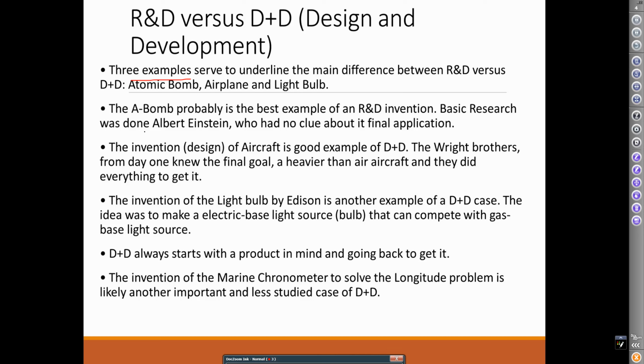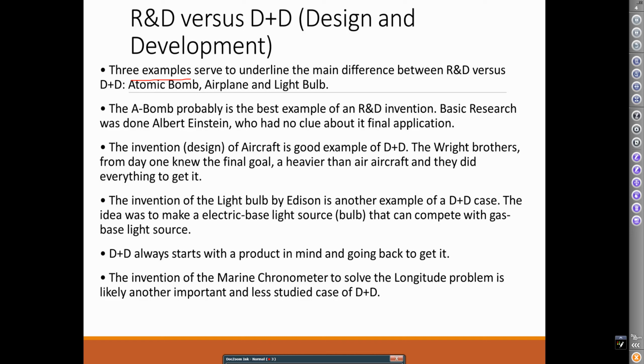So first of all, you remember the story that the first person who developed the concept of the atom bomb was Albert Einstein, but of course he had no clue about the final application. He didn't investigate the atomic bomb, but he investigated the theory which helped later to develop the atomic bomb. So probably this is the best example of R&D invention.